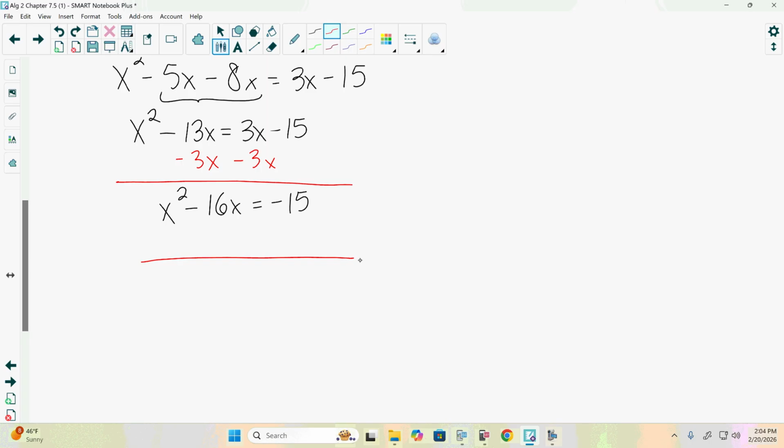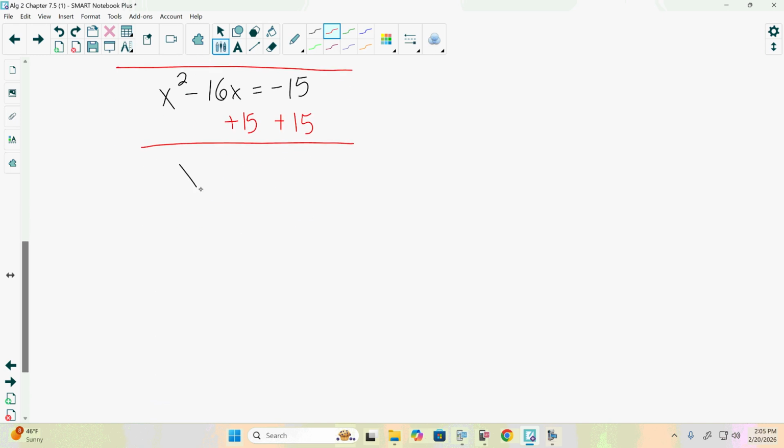Because here I could move the x squared negative 13x over, giving us a negative x squared plus 16x minus 15. Or if we add 15 to both sides, x squared minus 16x plus 15. Which is the same thing, it's just the signs were all flipped if we went the other direction.